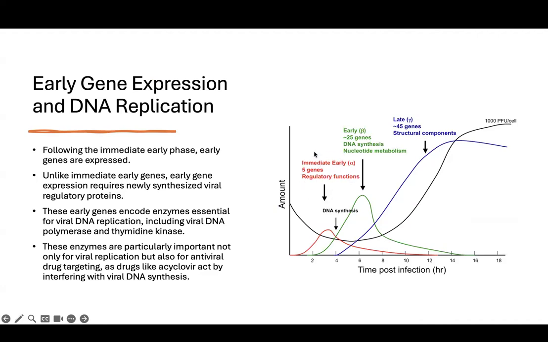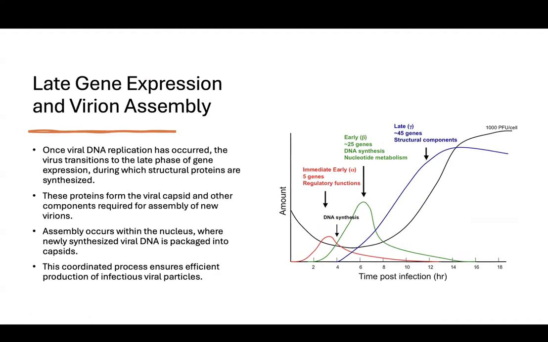The expression of immediate early genes doesn't need prior transcription. It doesn't need the virus to be replicating or creating proteins, because VP16 is already there. Once in the nucleus, VP16 does its job and starts expressing these immediate early genes, these regulatory proteins.